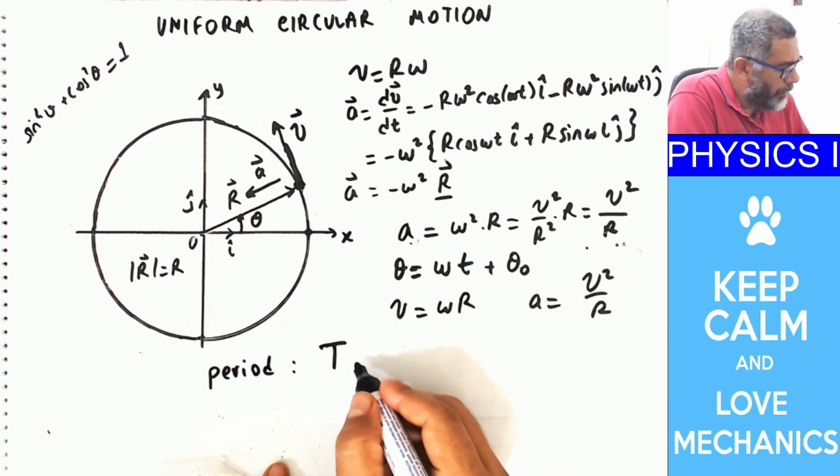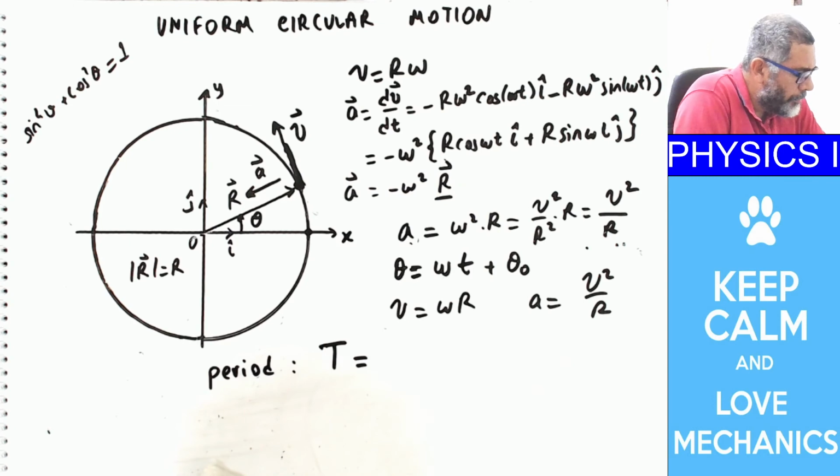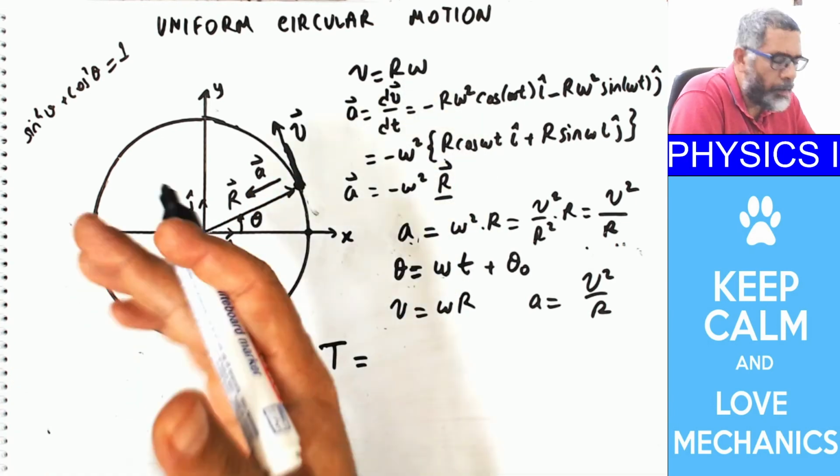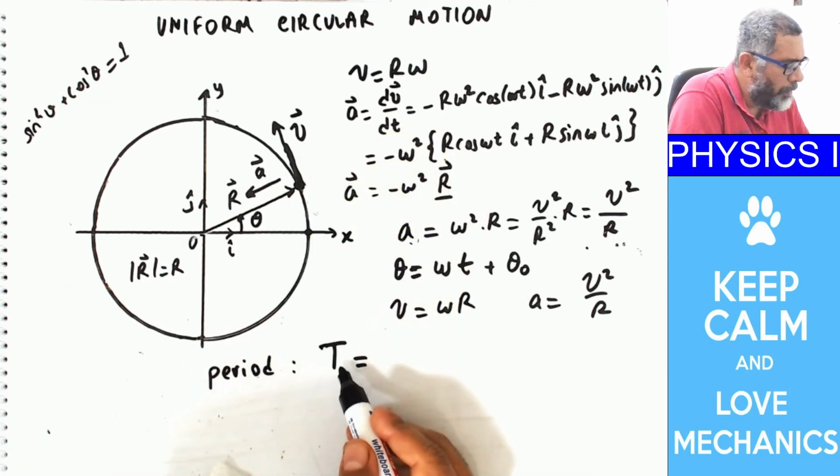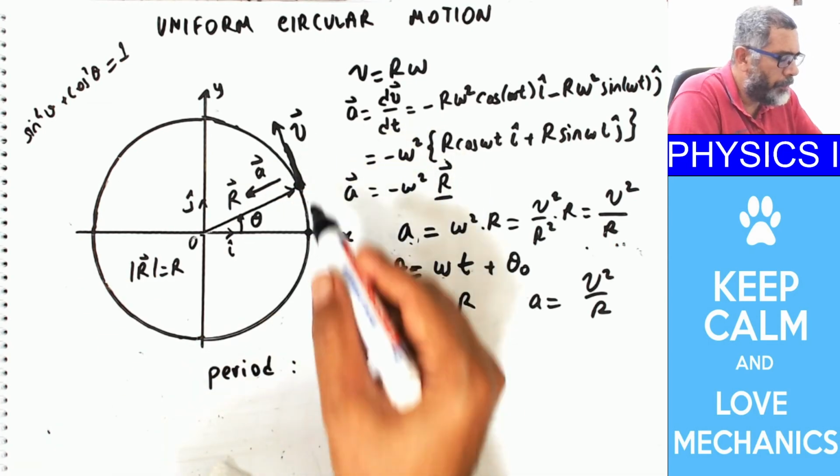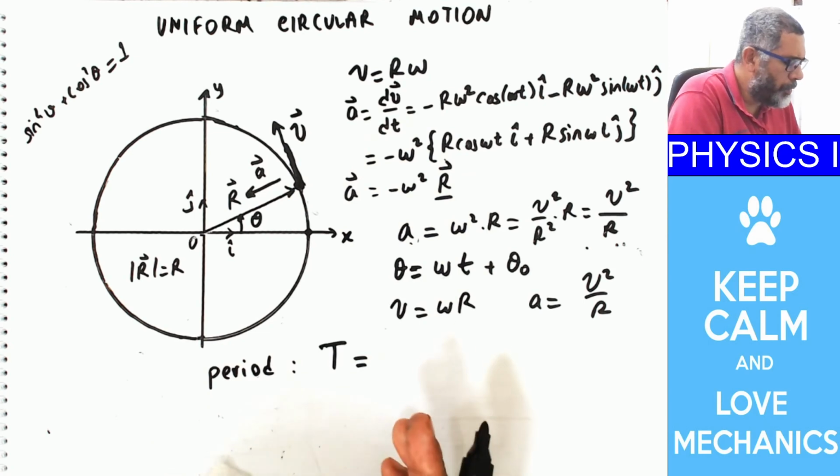Okay, well, can we express this period in terms of the radius and the speed? If you know the radius and the speed, can we write this period in terms of them? Well, of course you can.